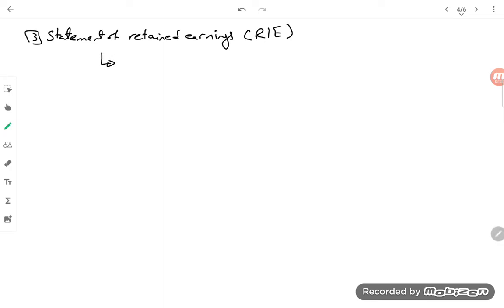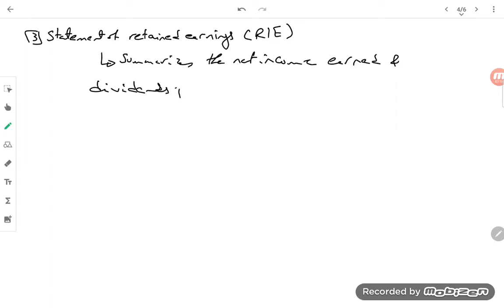It summarizes the net income earned and the dividend paid during the year with the change in retained earnings.